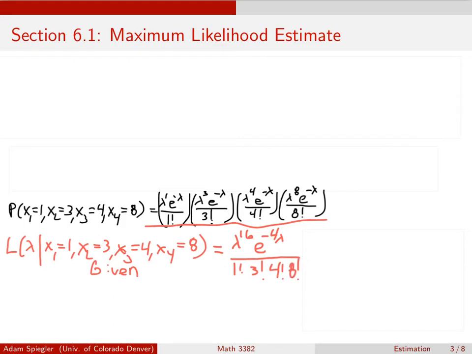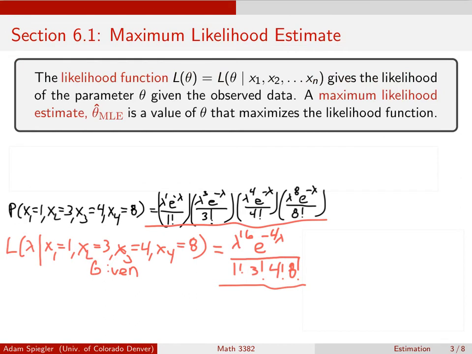And so now what I have is a function L. And what this function is telling me is, given a value of lambda, this is how likely it is to observe an output of 1, 3, 4, and 8. So this is what's called the likelihood function. So let's define this more generally up here. The likelihood function is a function of the parameter.